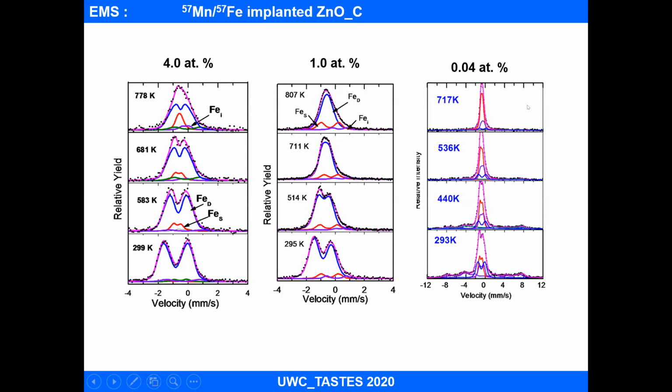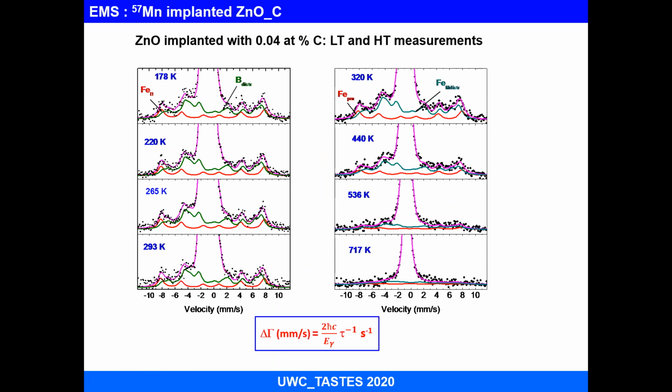With the sample implanted with 0.04% carbon, we see at room temperature structures in the wings of the spectra which disappear at high temperature. In the next slide, I show this on an expanded scale, and you then see a quite evident magnetic component in the structure together with the magnetic distribution.